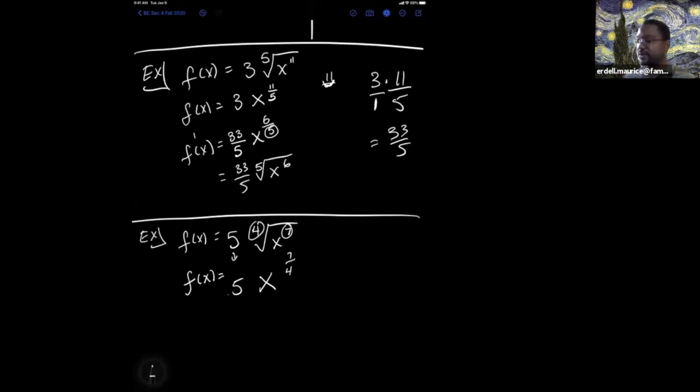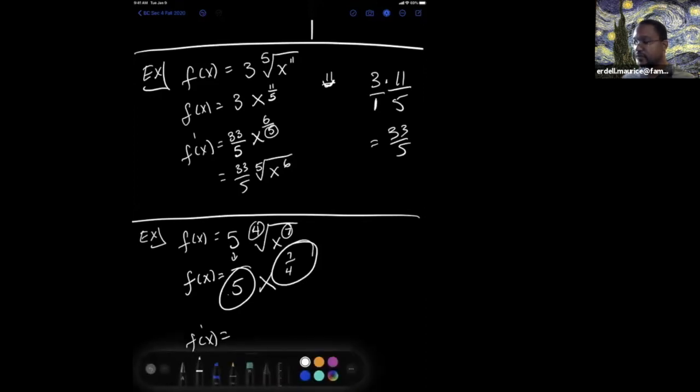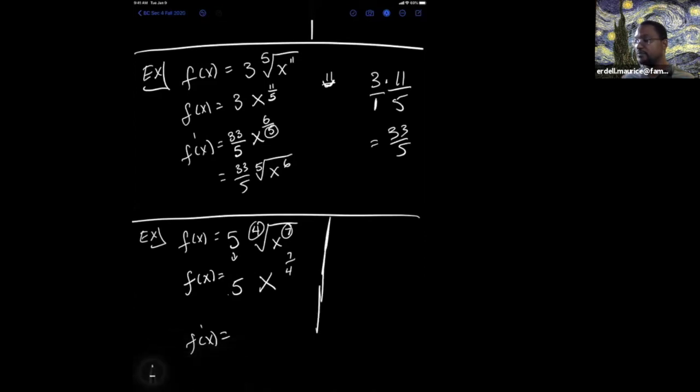Now I multiply. 5 multiplied by 7/4. I change the 5 into a fraction. That's going to be 5/1.